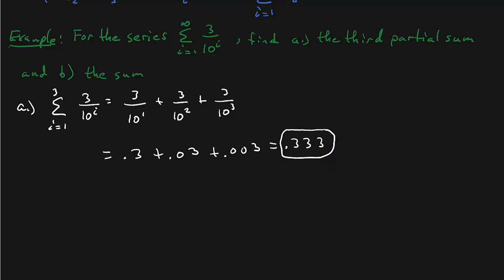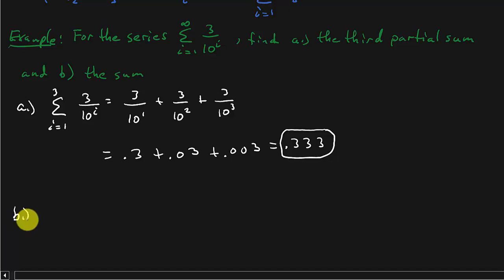All right, now let's look at part B. So this is the sum i equals 1 to infinity of 3 over 10 to the i. All right, so we've got to go from 1 to infinity.